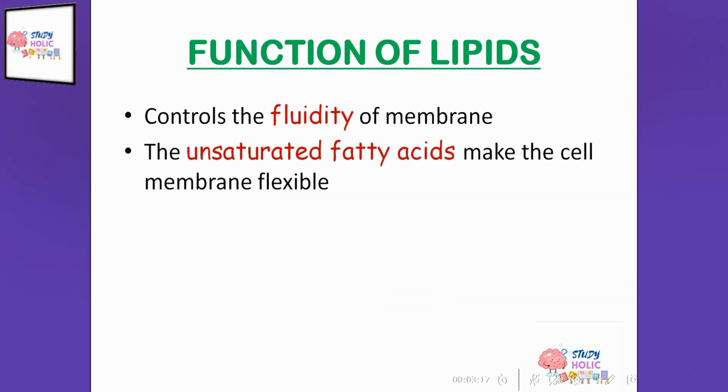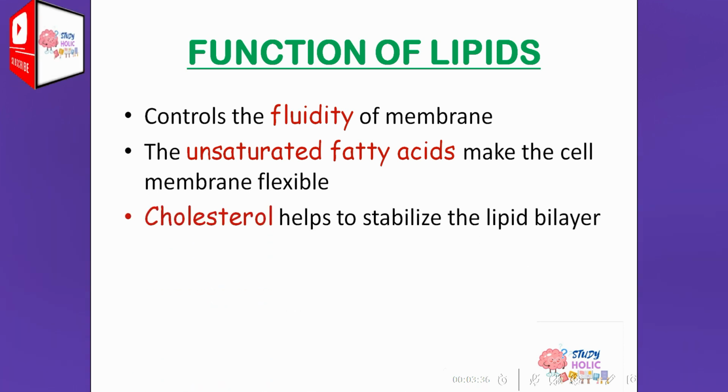When the concentration of unsaturated fatty acids becomes greater, the bilayer becomes more fluid, and as a result makes the membrane flexible. The third function of the lipid is played by cholesterol. Cholesterol mainly helps to stabilize the lipid bilayer. So there are three main functions: fluidity, flexibility, and stabilization.